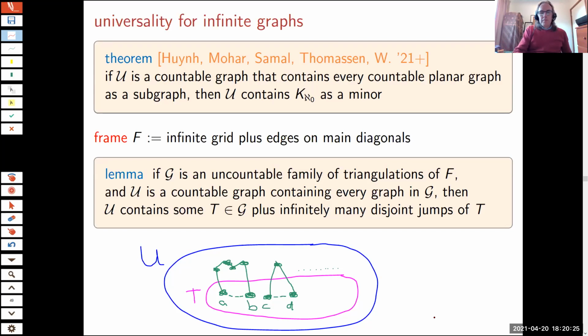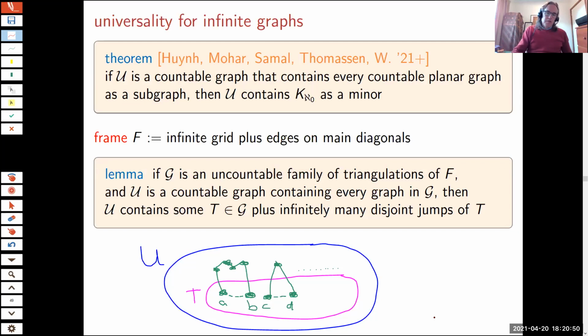A jump of T in U is a path where the endpoints, say a and b, are non-adjacent vertices in T, and the internal vertices of the path are outside of T. And all these paths are pairwise disjoint, and there are infinitely many of them. So that's what we showed.